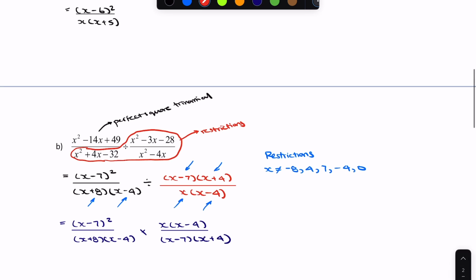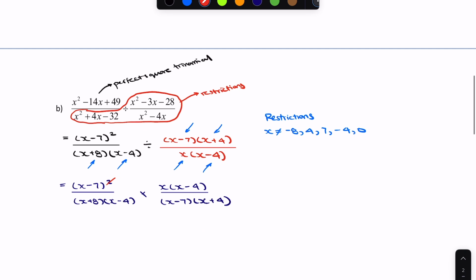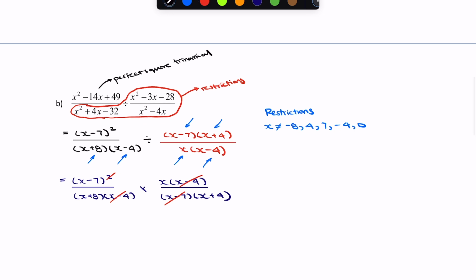Here we'll cancel some things out. One x minus 7 and x minus 4 cancel out as well. We'll be left with x times x minus 7 over x plus 8, x plus 4. That's going to be fully simplified there.